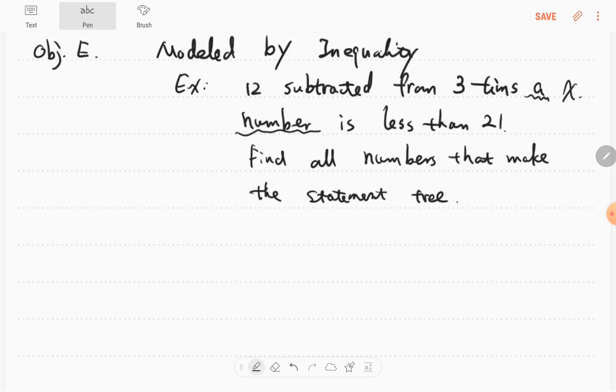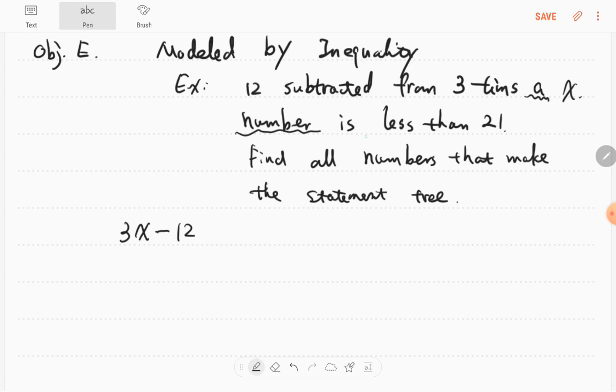So after that, we try to translate the words into the inequality. 12. We just put 12 here. Subtract from, which means we should minus 12. From what? 3 times a number. 3 times a number, because number is x, we will use 3x.